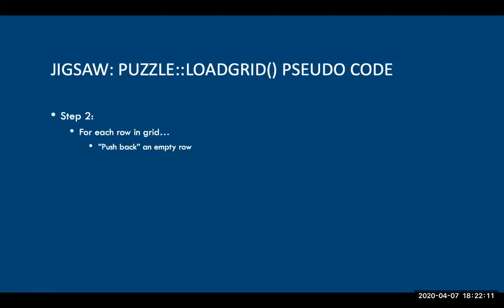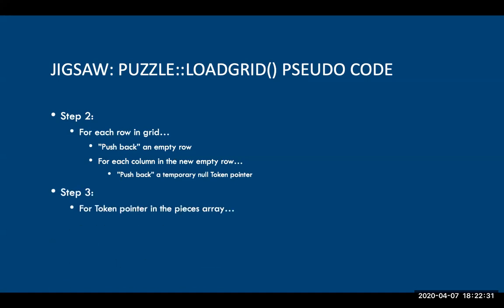Hopefully my picture will make sense when you look at it later, and we'll have the recording of this that you can come back to as well. So here's some pseudocode to hopefully help you with this load grid. The idea is, for each row in the grid that we know we have to create, we can push back an empty row. And then for each column in that current empty row, you can push back a null token pointer.